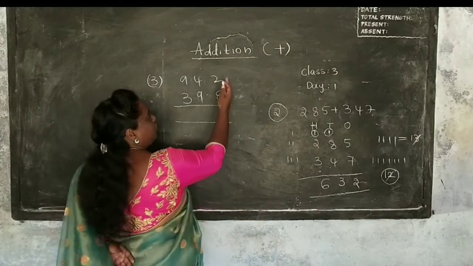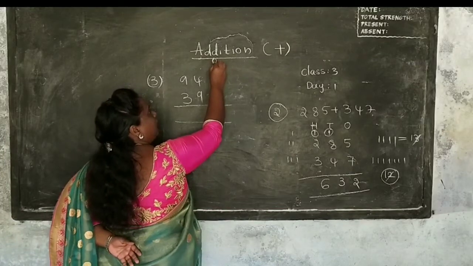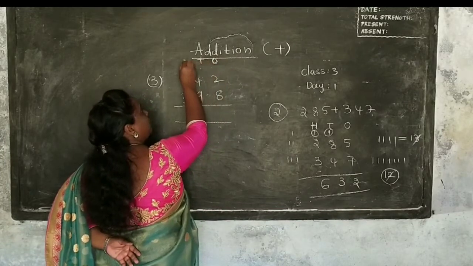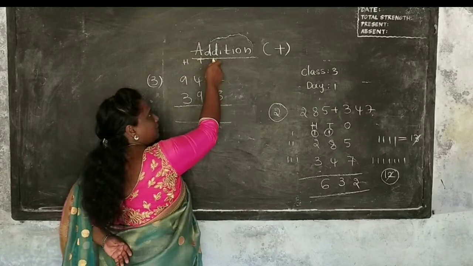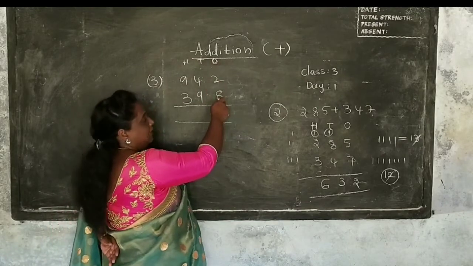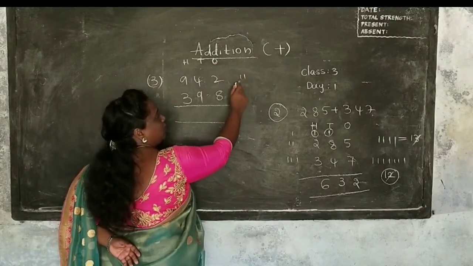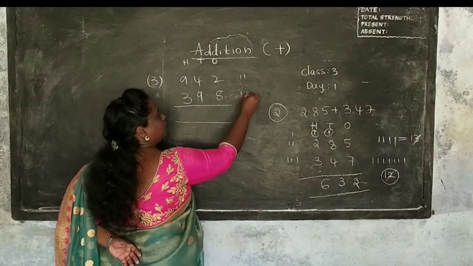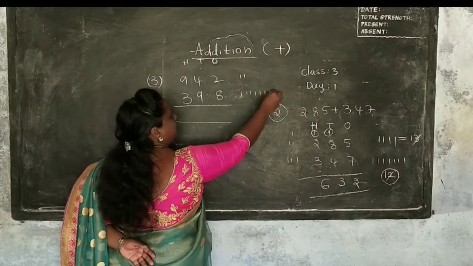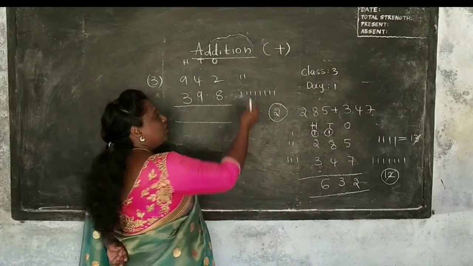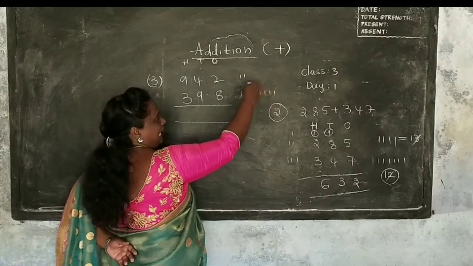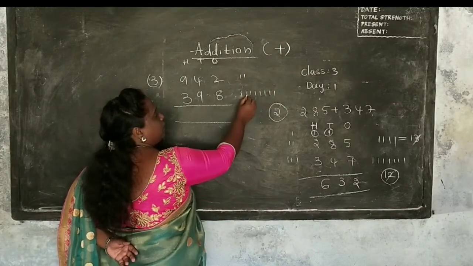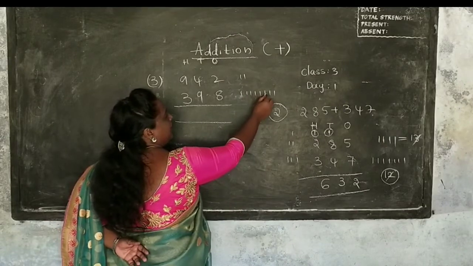So first we have to do the addition of the 1's column, 10's column, 100's column. First we have to do the addition in the 1's column. So 2 plus 8: 1, 2, 3, 4, 5, 6, 7, 8. Now count all the numbers: 1, 2, 3, 4, 5, 6, 7, 8, 9, 10.